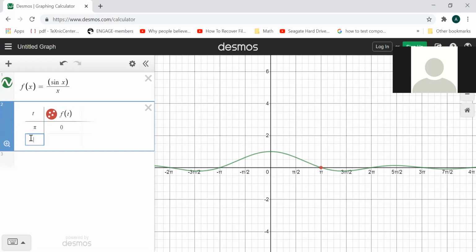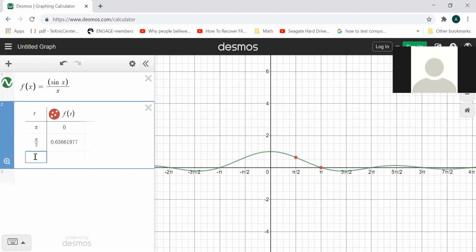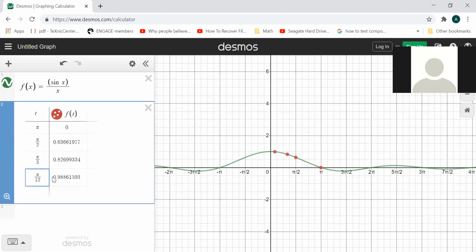Then you do pi over 2, and that's going to give you a value of 0.63. Then pi over 3 gives us a value of 0.82. And then you can do pi over 12, let's say, and that's going to give us a value really close to 1 here, folks.